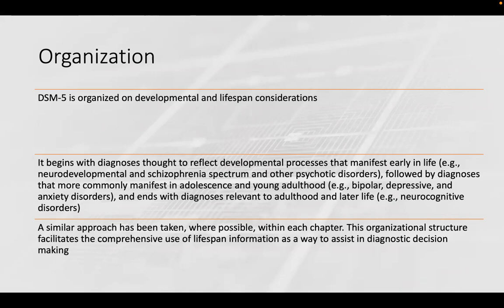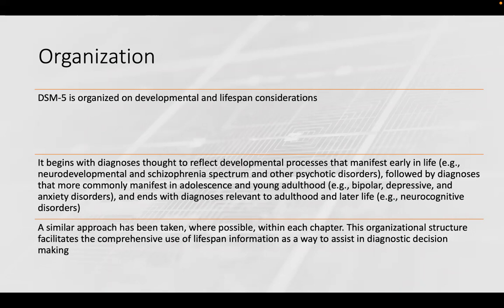So the earlier chapters in the book talk about neurodevelopmental diagnoses that would happen in childhood and adolescence, followed by diagnoses that would happen in young adulthood, things like bipolar and depressive disorders.